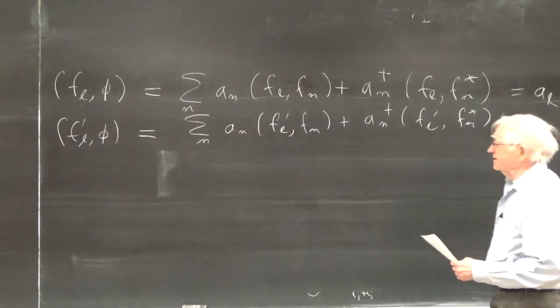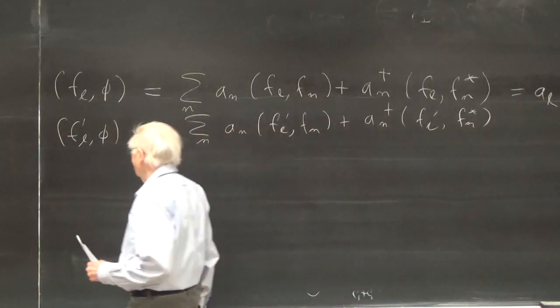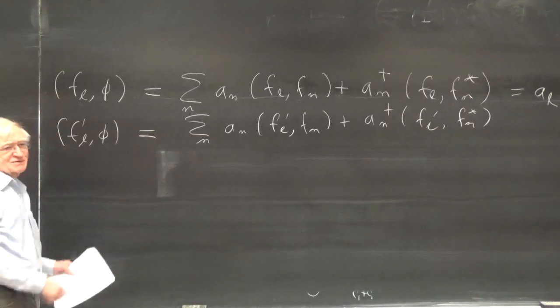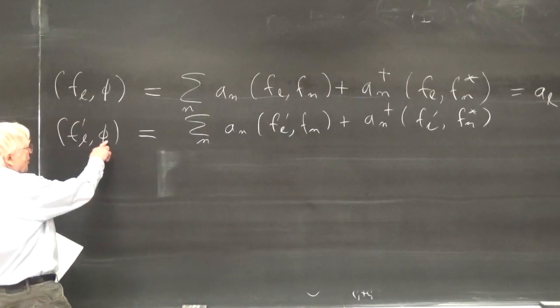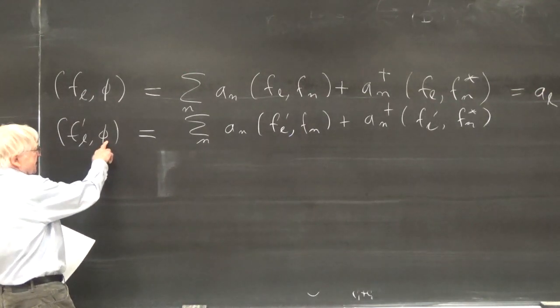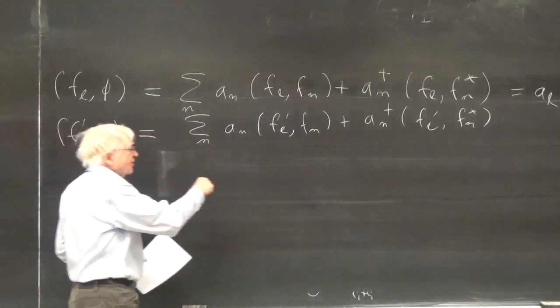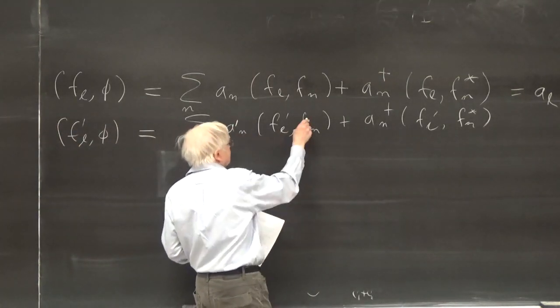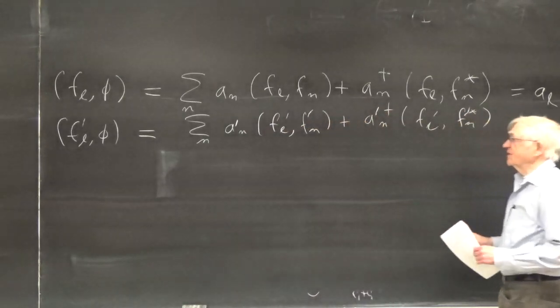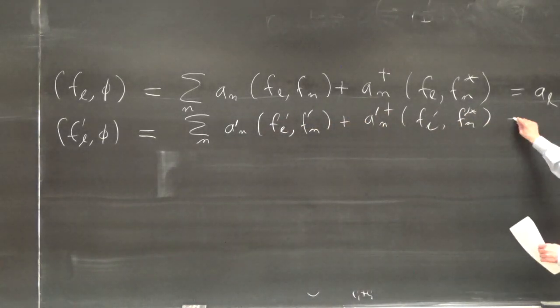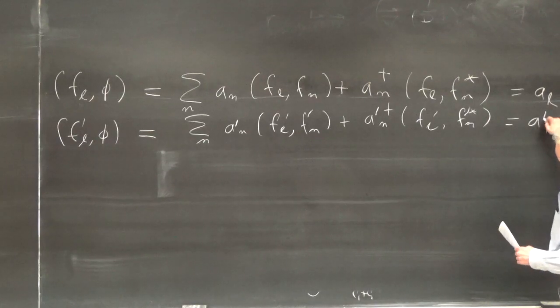On the other hand, I said I was going to follow the notes, but unfortunately I did not. What we're going to do is expand phi in terms of the prime functions and the prime operators. So we put in the primes like that, and now this gives us AL prime.